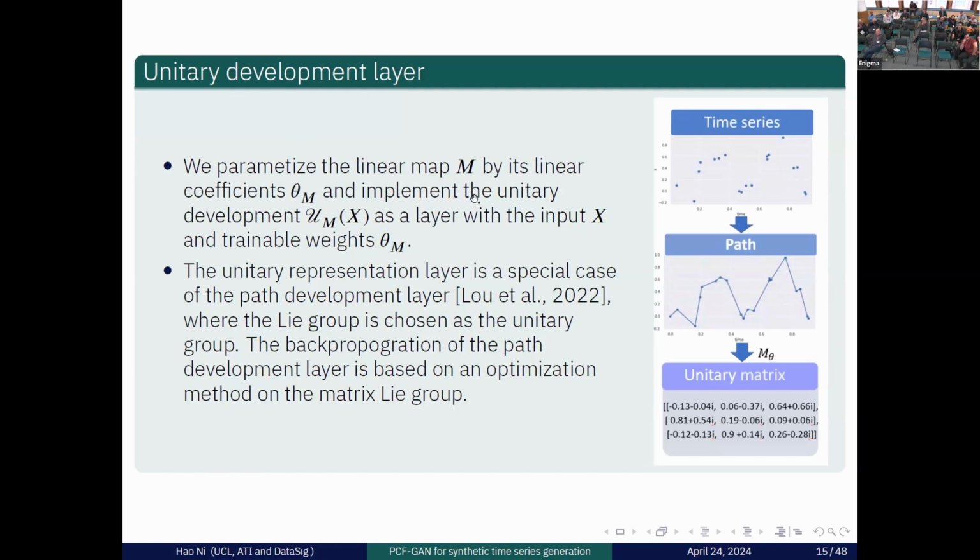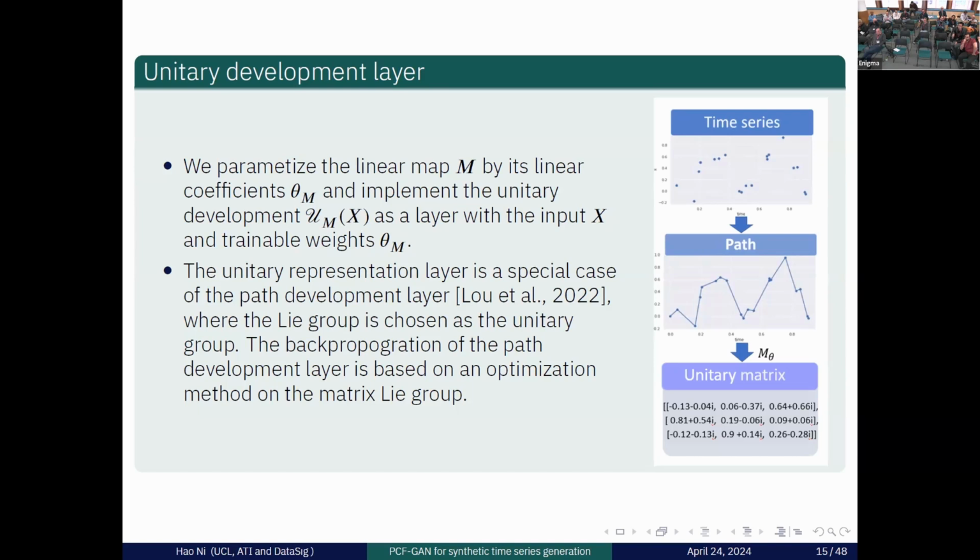The unitary development layer has an input that is a piecewise linear path, and theta m is the model parameter, and it outputs the unitary feature of x, which is the group element in capital UM.